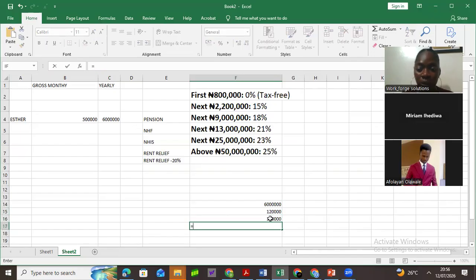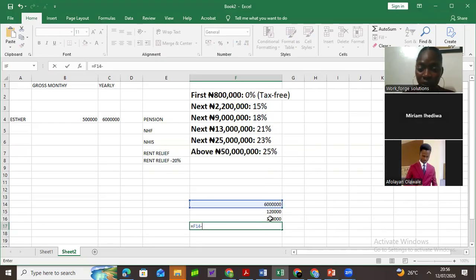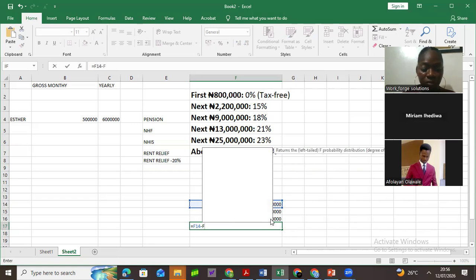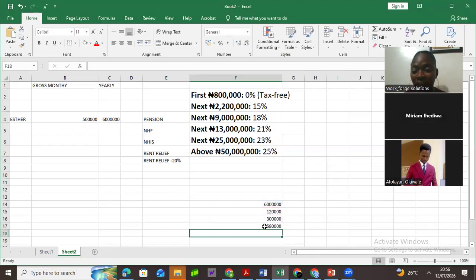So what is this? F14. So F14, 6 million naira minus F15 minus F16. So our taxable income is 5.58, right? 5.58.